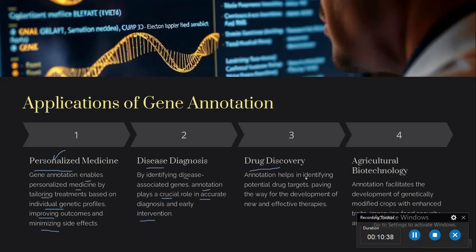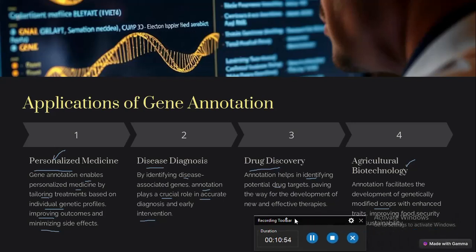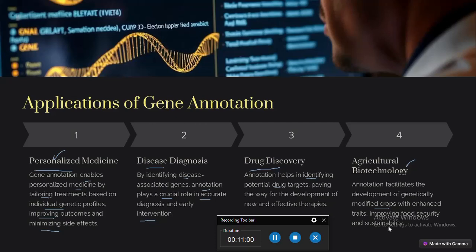Annotation helps in identifying potential drug targets, paving the way for the development of new and effective therapies. Agricultural biotechnology: annotation facilitates the development of genetically modified crops with enhanced traits and improved food security and sustainability.